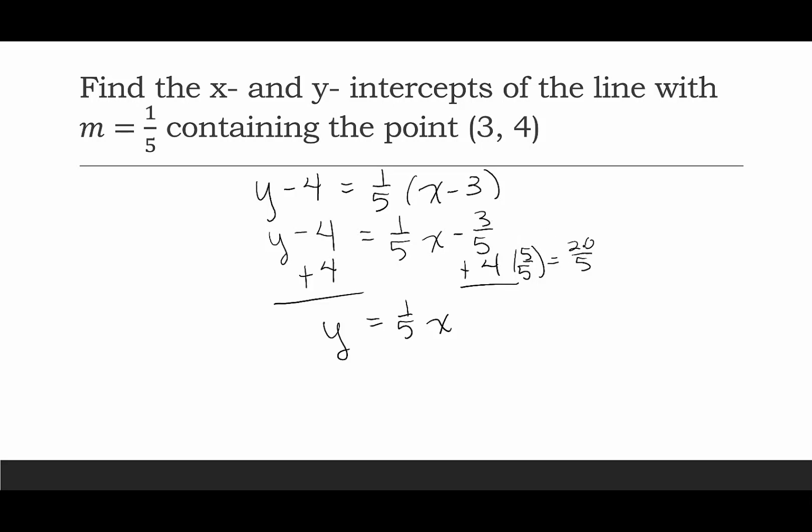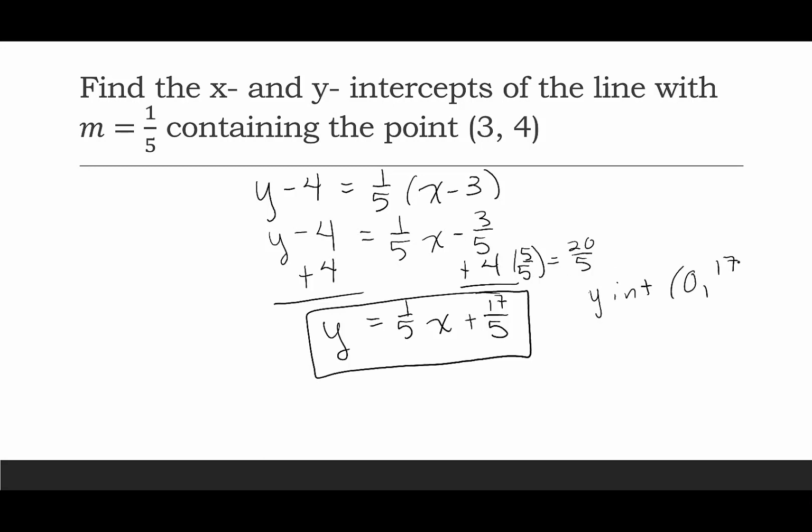So when I add negative 3/5 to 20/5, that gives me a positive 17/5. So this is the equation of the line. Immediately, I can tell that the y-intercept is (0, 17/5). So I've answered half of the question.